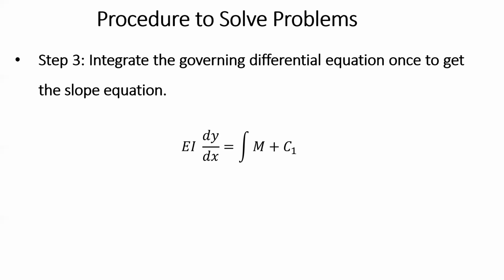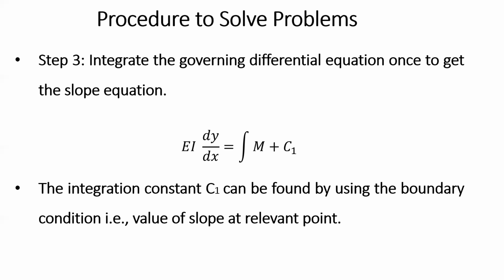So as you can see, the equation has changed: EI into dy by dx should be the integral of M, and while doing the integration, we will get the constant which is denoted by C1. To find out the integration constant C1, I'm going to use a boundary condition that will be mostly the value of the slope at the relevant point. Though it depends upon each and every problem, we'll find the value of slope at a particular point on the beam.